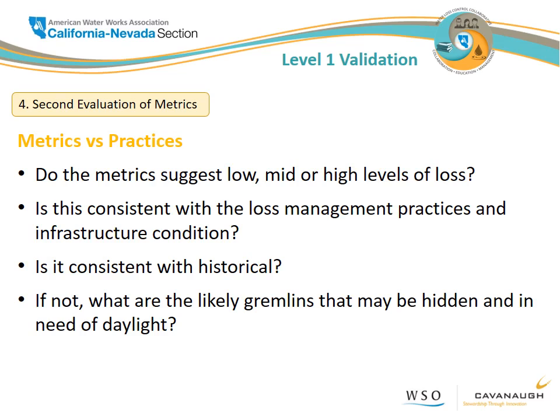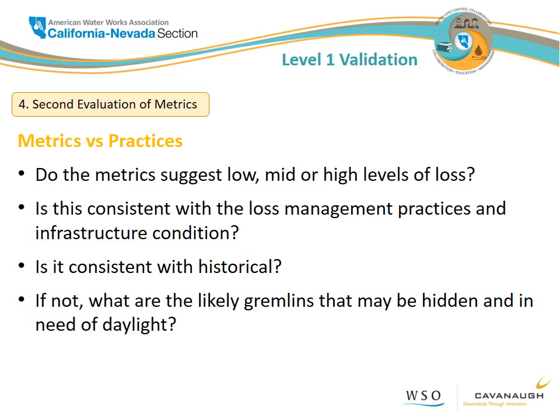Do we have a very decrepit old network that we know has a lot of age and a lot of deterioration on it, and we don't yet have any type of formal leak detection program or leakage management program in place? Well, for that situation, we would more than likely expect to have higher levels of loss.